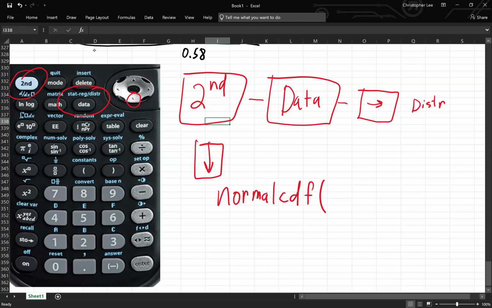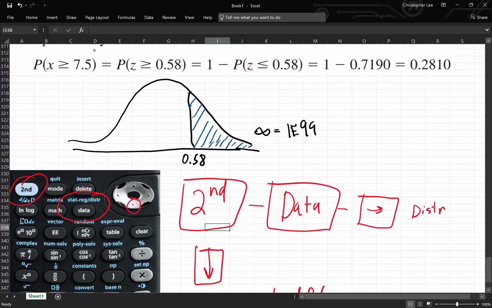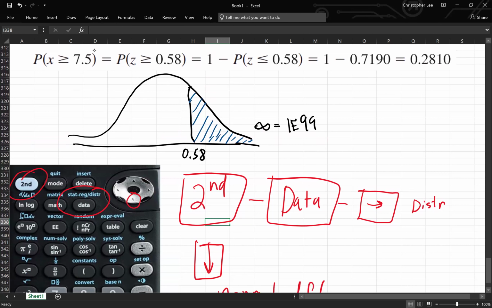And when you hit that, the first thing that comes up is they're going to ask you about the lower bound and the upper bound, or they ask you for the mean and standard deviation. I'm forgetting right now. Which one is it? Got you. This is a normal distribution, so whenever we have our Z, our mean is what number?